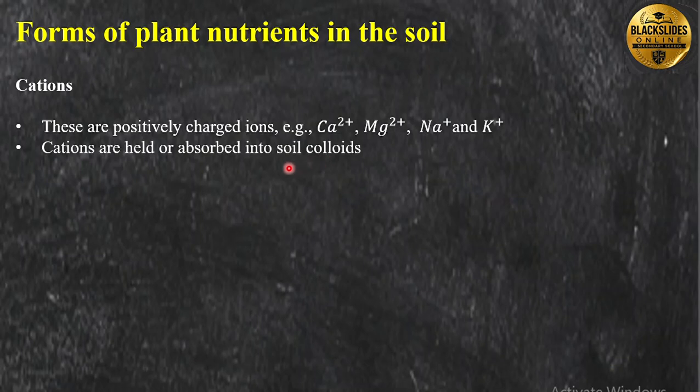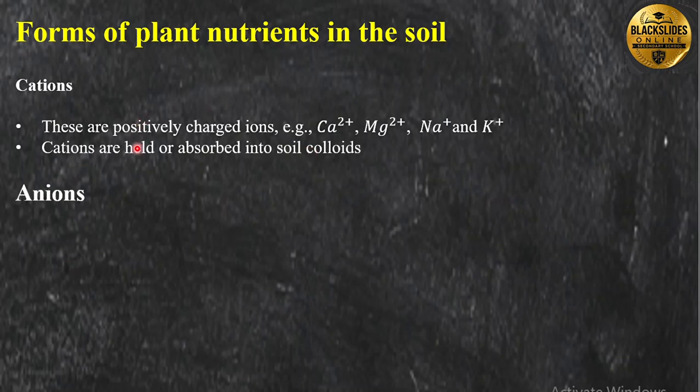Colloids are basically soil particles that are negatively charged. Because these particles are negatively charged, they are able to hold to themselves these positive ions. So cations are held or absorbed into soil colloids, which are soil particles that bear negative charges on their surfaces.